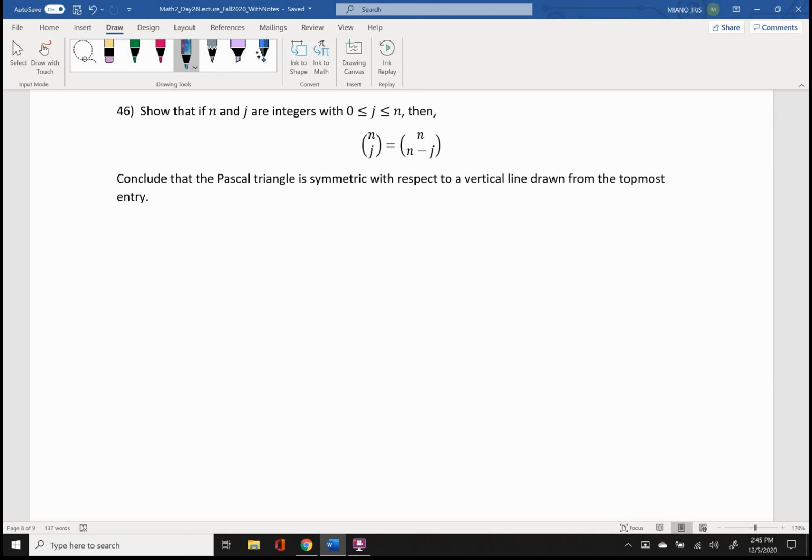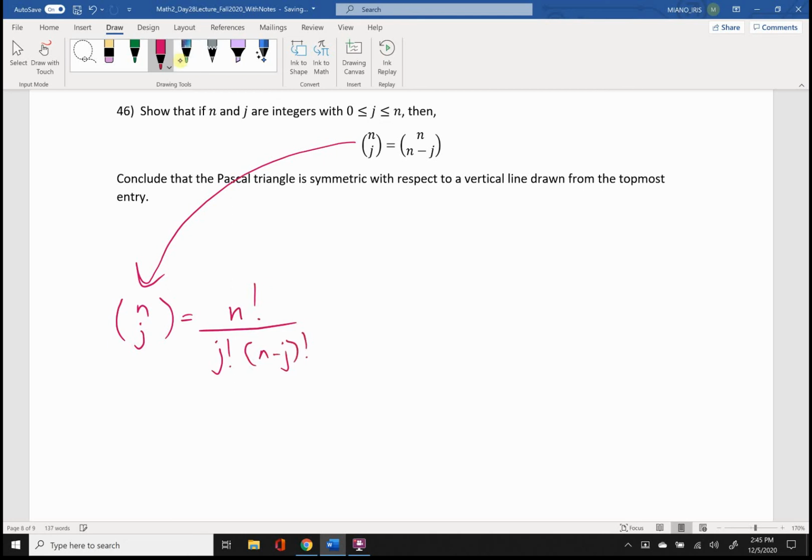So basically we're just going to state this as soon as we are able to show that this is true. So we're going to use the definition of n chosen j at a time in order to make this so. Okay. So first, let's just take this side and say, what does n chosen j at a time look like? That's going to be n factorial over j factorial times n minus j factorial.